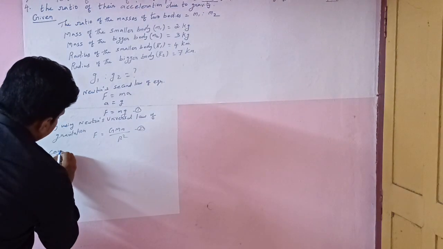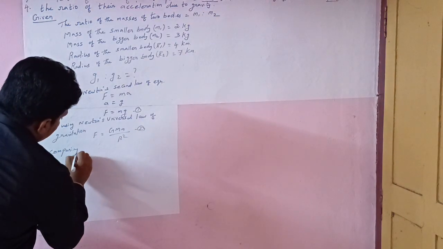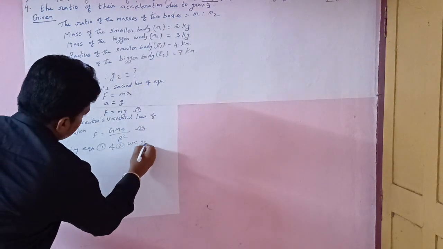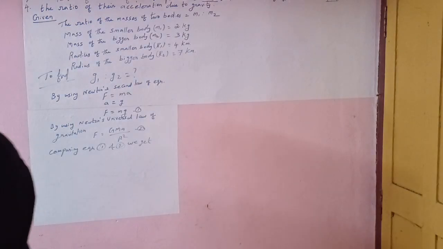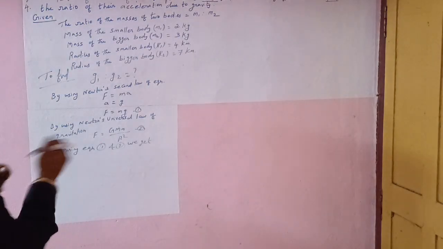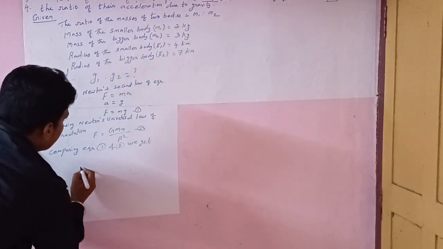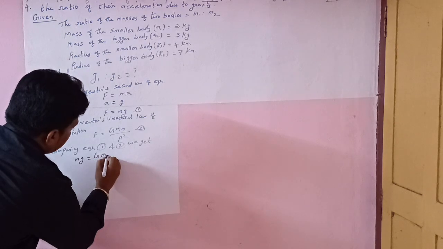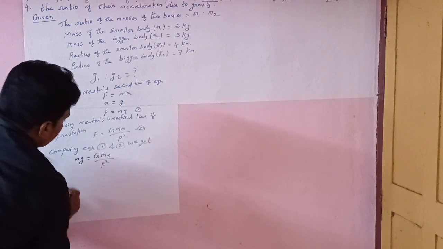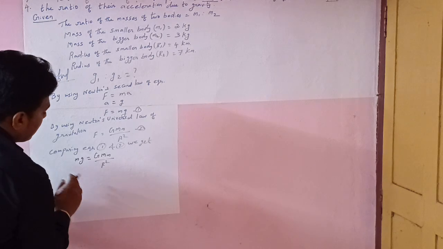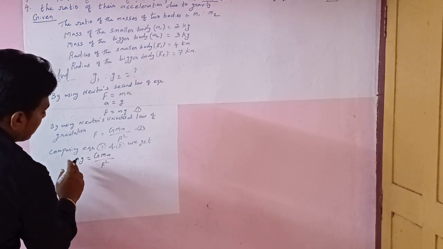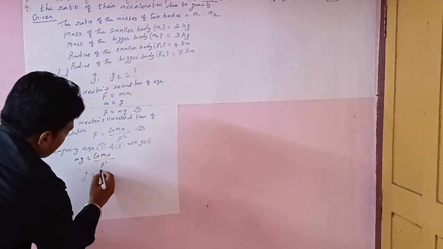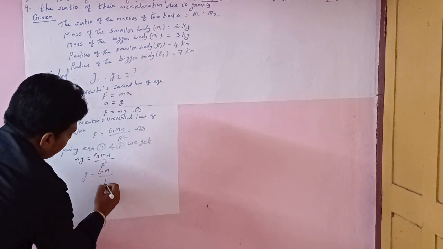Comparing equation 1 and 2, mg is equal to capital G into capital M into small m divided by r squared. Okay, the small mass is common on the left and right side, so it will be cancelled. The remaining term is g equal to capital G into capital M divided by r squared.